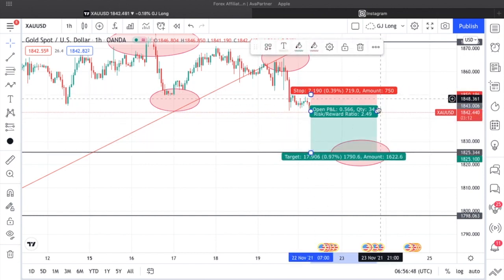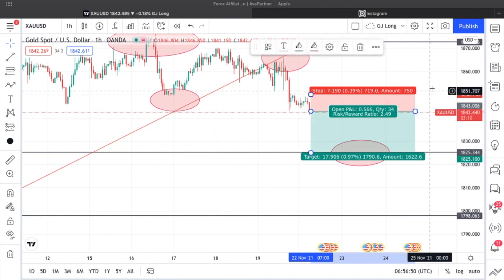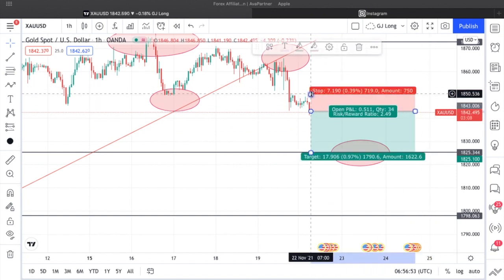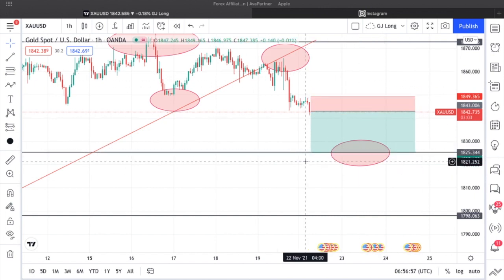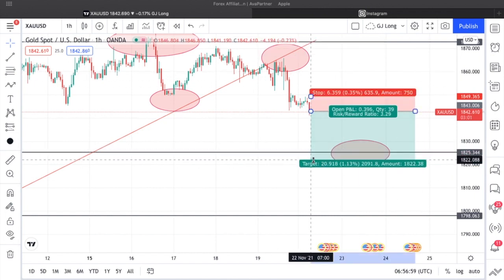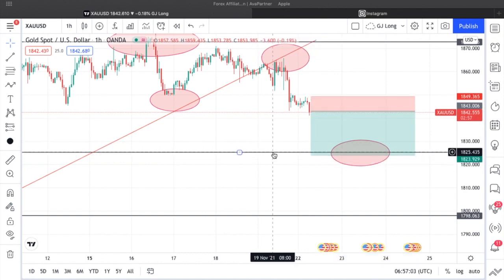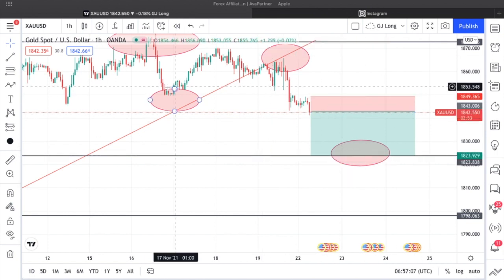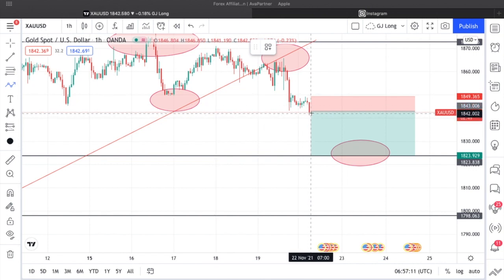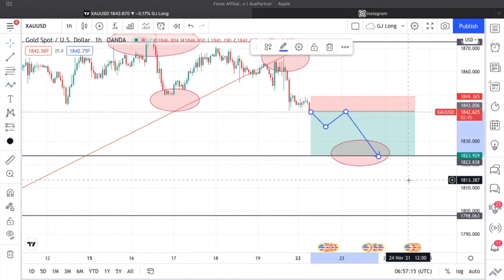And then when you get an entry, we need to make sure that our risk reward is 1:3, so we can adjust our targets to accommodate our risk reward and our risk management parameters. So there we will have our targets at 1823.929. So anticipating a push, pullback, and a continuation to our targets on gold this upcoming week.